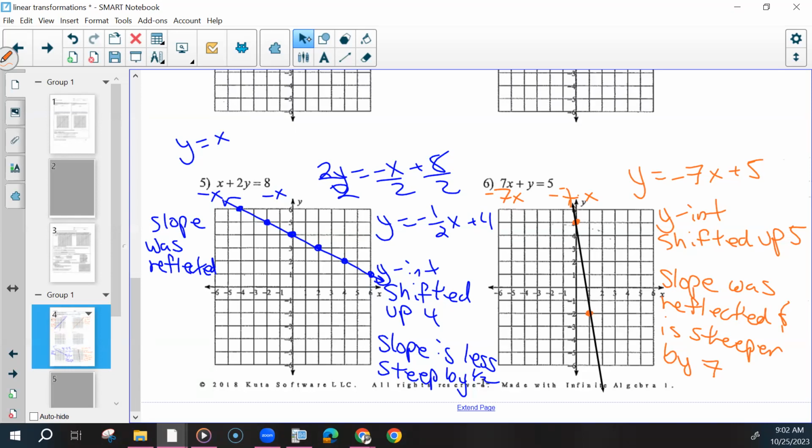Look at the 2 on the back. See or go over either of those.